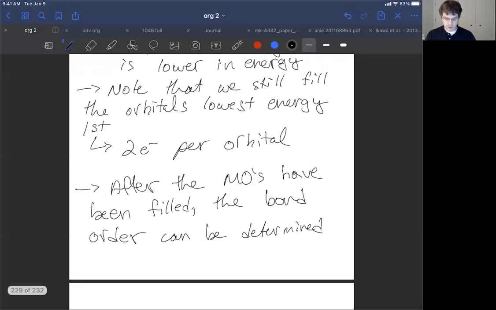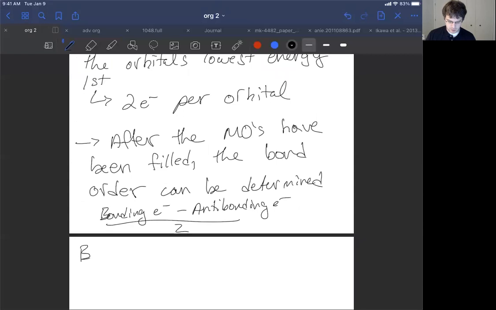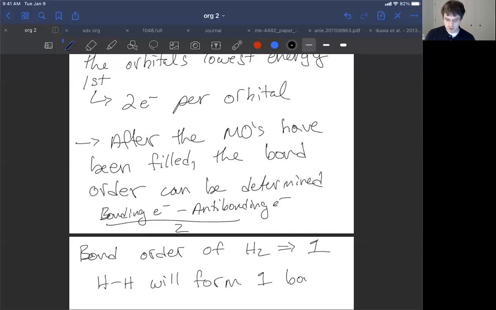So the bond order is bonding electrons minus anti-bonding electrons, divided by 2. The bond order of H2 is 1, because 2 minus 0 divided by 2 is 1. What this says is that H2 will successfully form one bond between the 2 elements.